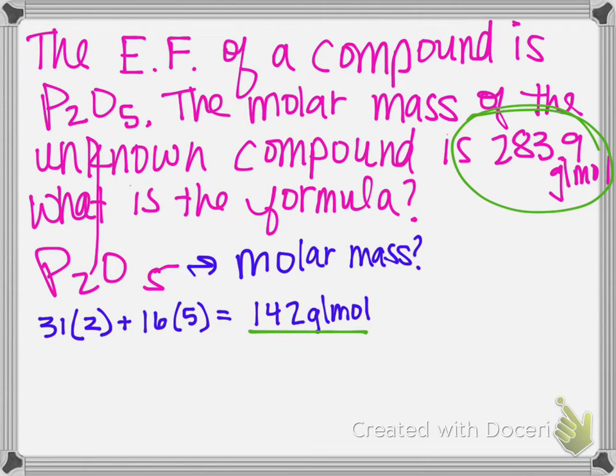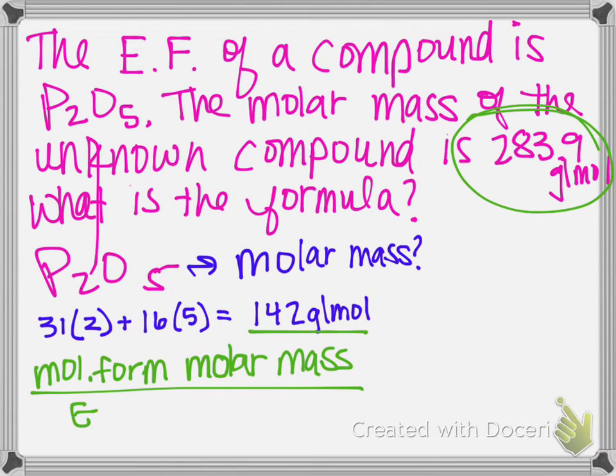So the way I'm going to solve is I'm going to take the molecular formula molar mass divided by the empirical formula molar mass. And it's going to tell me how much bigger my molecular formula is than my empirical formula.